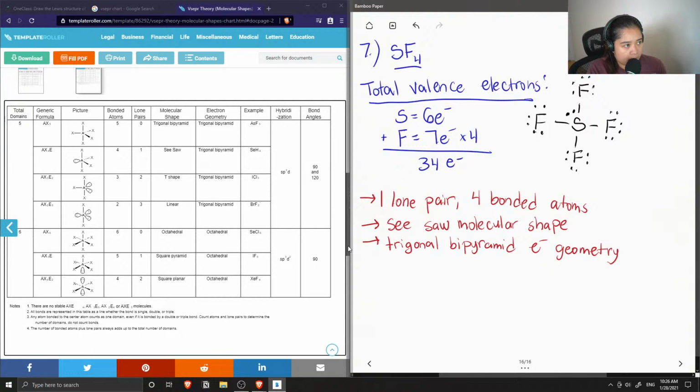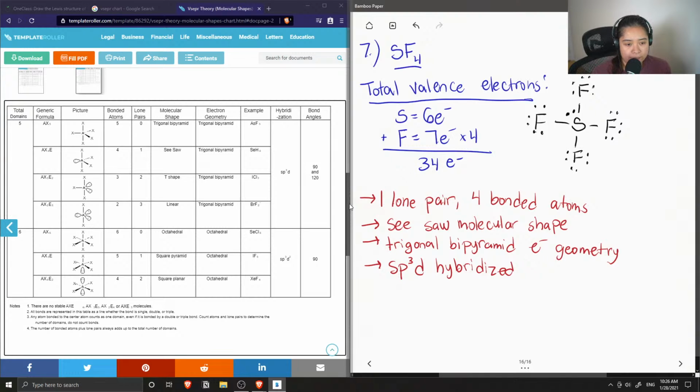And this chart also can show us the hybridization. So it is sp3d hybridized. And another way we can find out its hybridization is by counting the number of charge clouds. So charge clouds can be the lone pair and also the bonded atoms.